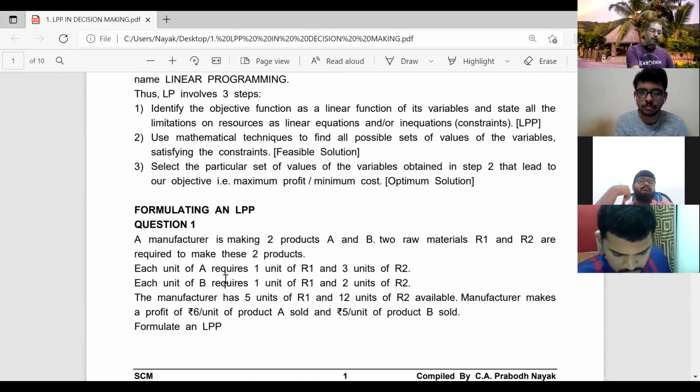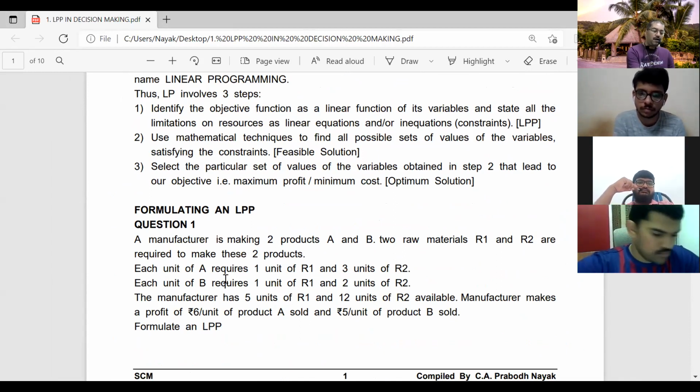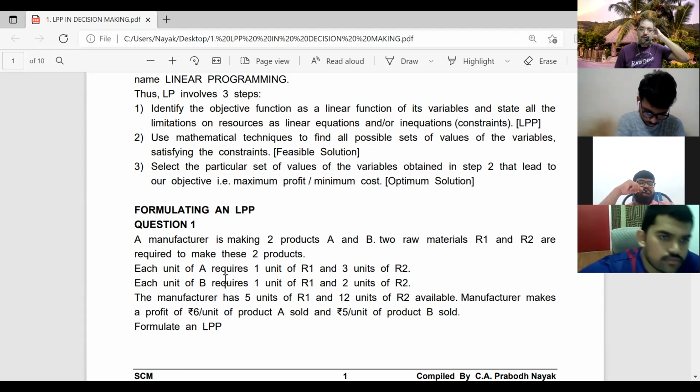The objective here is to learn how to form an LPP. The method that I'm using here is not actually the method that we are going to solve with. We'll have a slight variation, but still I will tell you what the method of solving the problem should be.